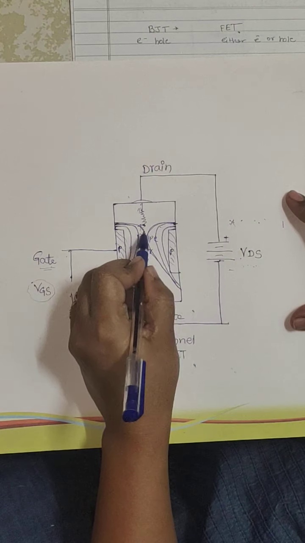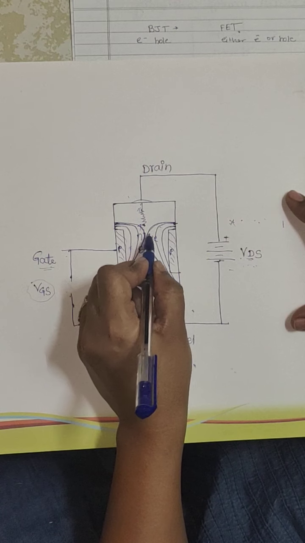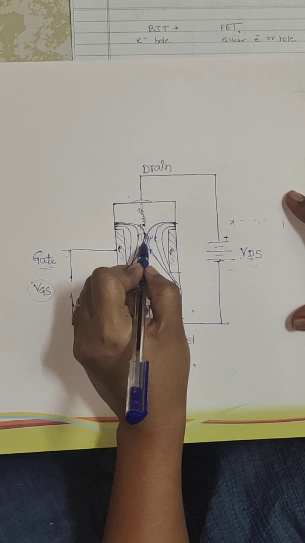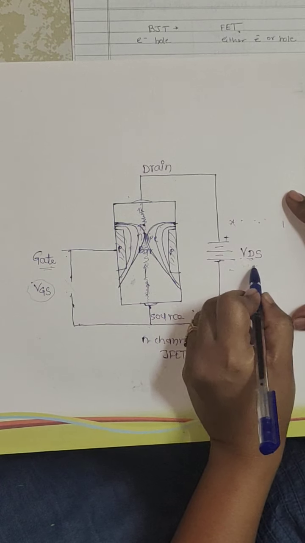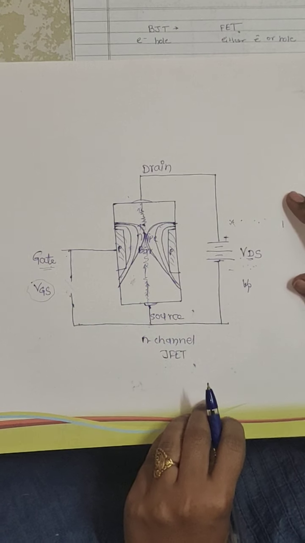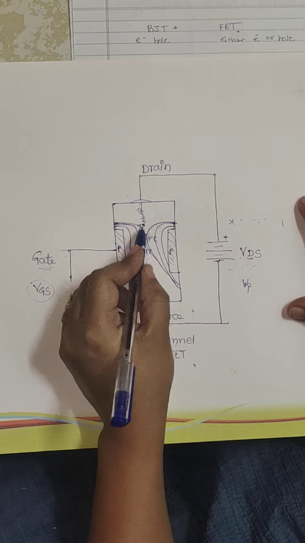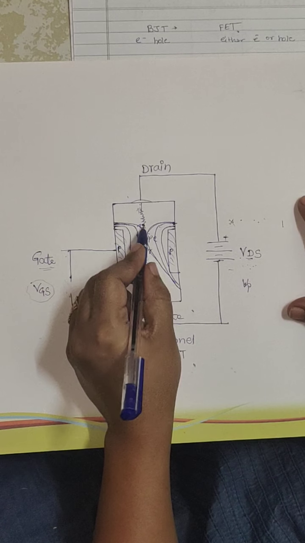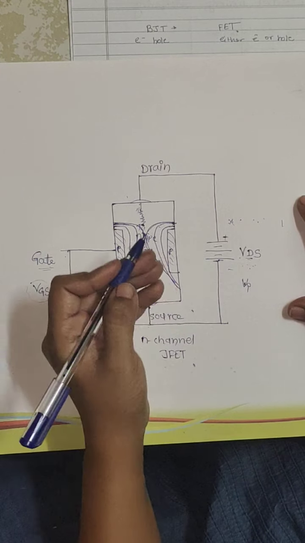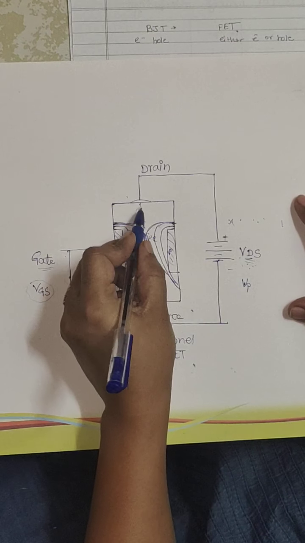At one point, at some voltage, both the depletion regions connect to each other, and that voltage is called the pinch off voltage, denoted by Vp. At this point the pinch off occurs and the channel gets blocked. After that, if we increase the VDS voltage, the current will not increase.